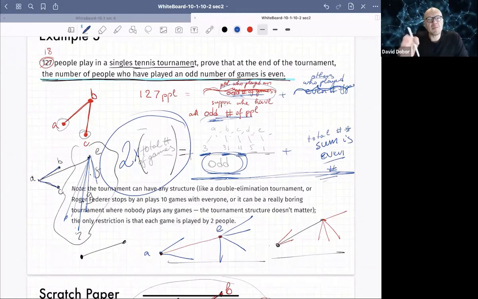So in sum, their total number of reports is going to be twice the number of actual tennis games played, which has to be even. On the other hand, you cannot get an odd and an even number to sum up to an even number. So therefore, it's impossible for an odd number of people to play an odd number of games. Does that make sense to everybody? See, that's a proof. It's a proof by contradiction.